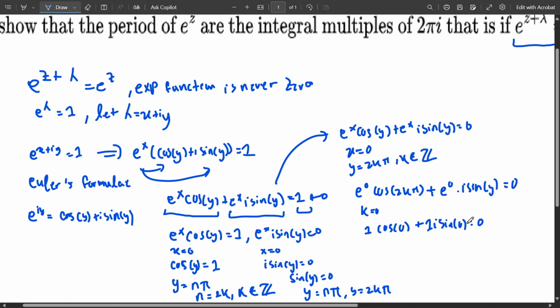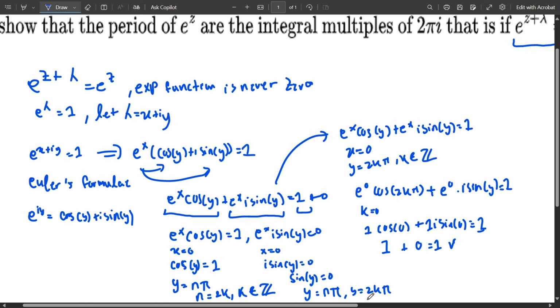Well, this should be 1. 1 times cosine 0 is just 1, plus 1 times i sine 0. Sine 0 is just 0.